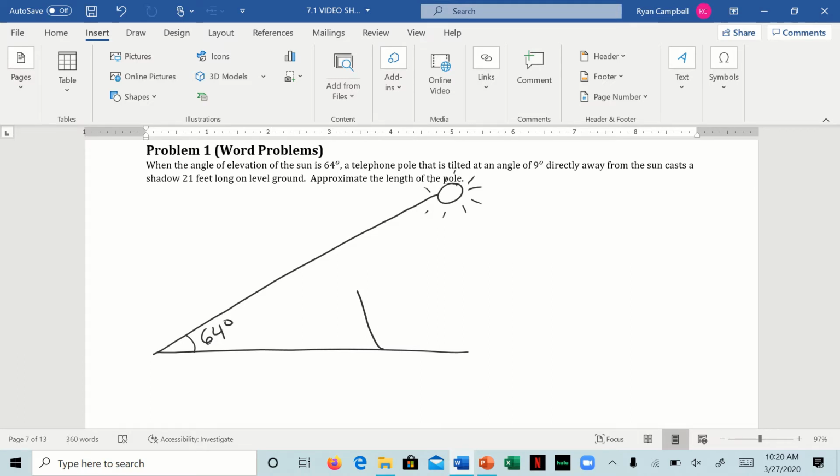If it's away from it, we can see this could be the angle, right? And if it's the angle directed away from the sun, it should be standing straight up, right? So that's where the 9 degrees comes into play. The shadow on the ground, right? So the shadow that's cast by this is 21 feet long. So what is the length of this pole?